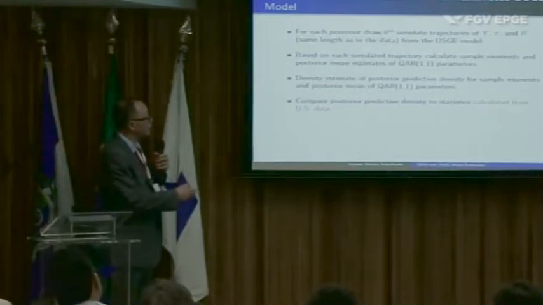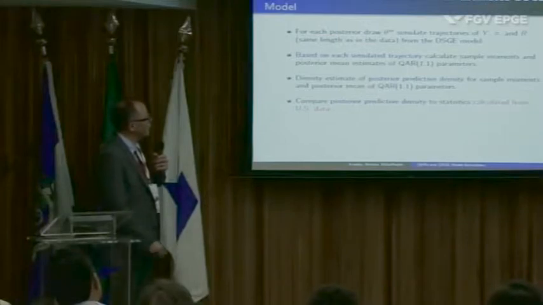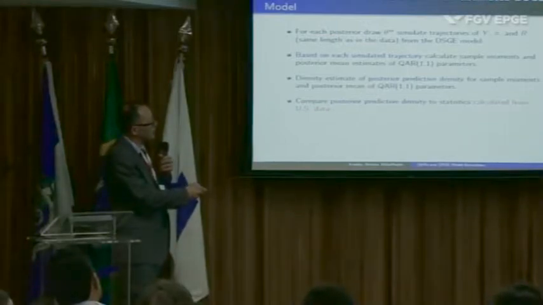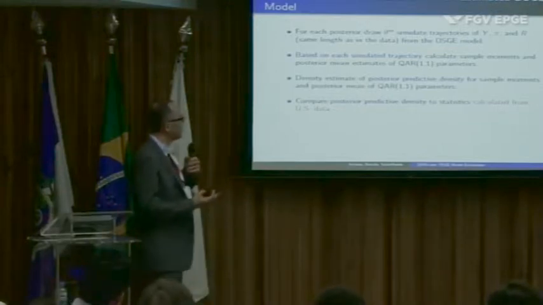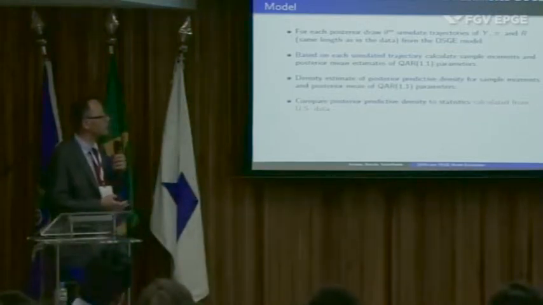We simulate that from the DSGE model. And then based on these simulated trajectories, we can calculate sample moments, and we can compute posterior mean estimates of the QAR11 parameters.